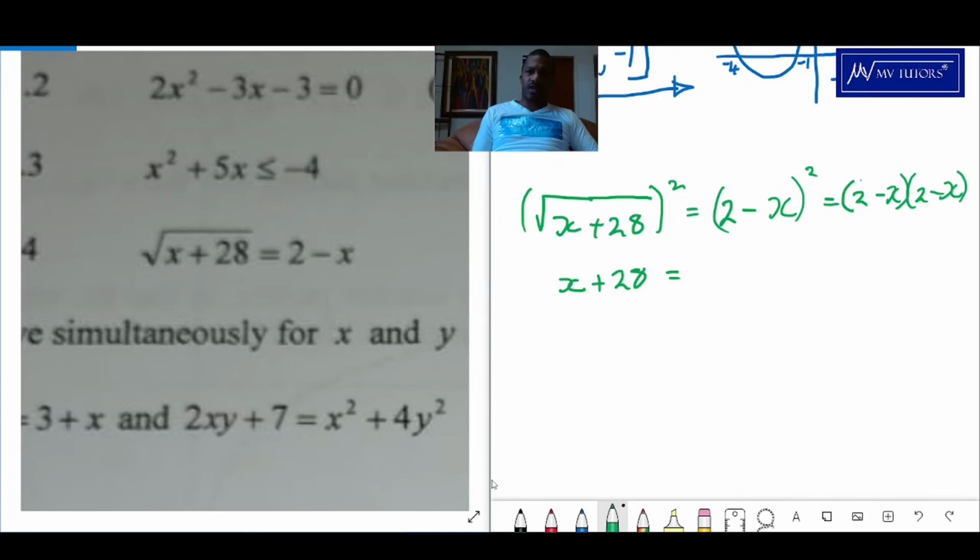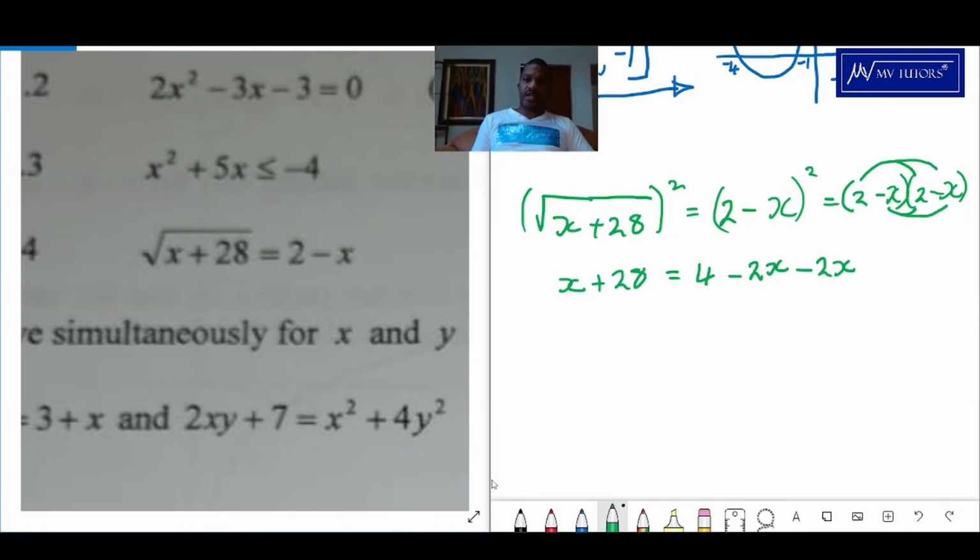I do this so that I can do 2 times 2, draw those lines on top, they help under exam stress. So 2 times 2 is 4. Next one is 2 times minus x, that's minus 2x. Then the next one is minus x times 2, which is still minus 2x. And then the next one is minus x times minus x, which is positive x squared.